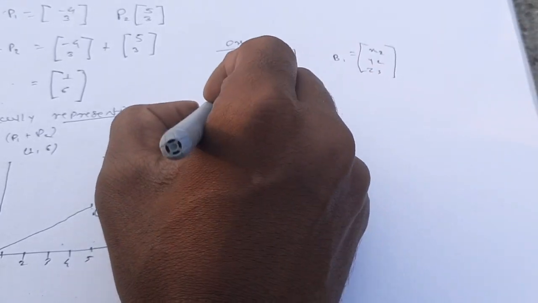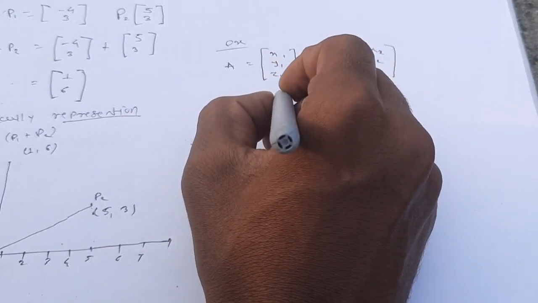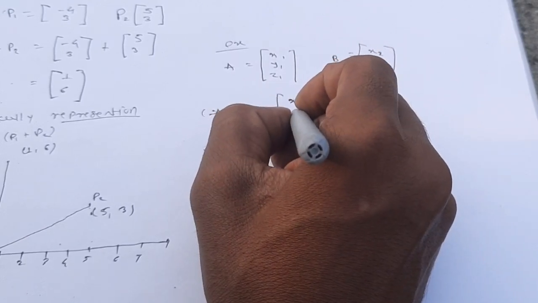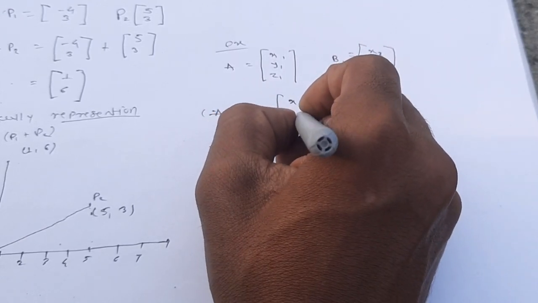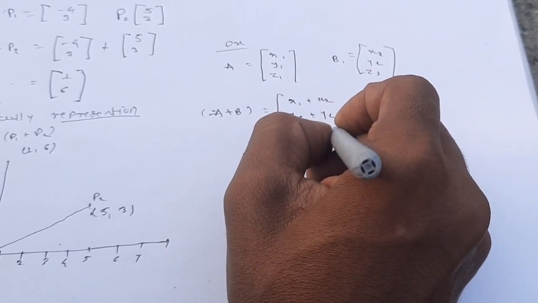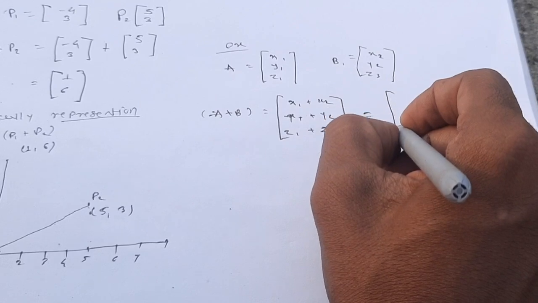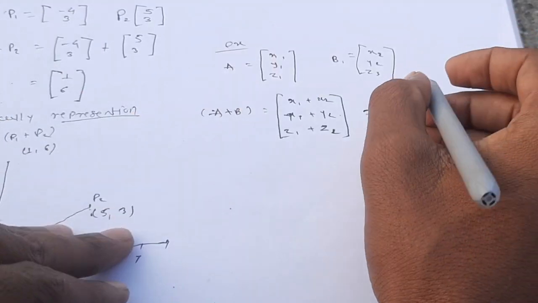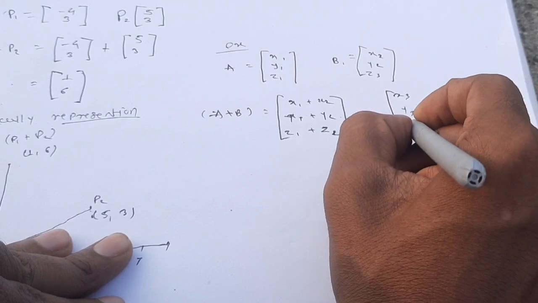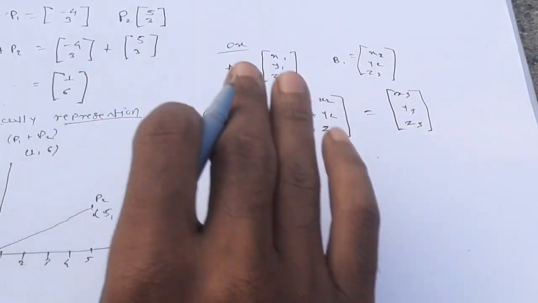So a plus b is nothing but x1 plus x2, y1 plus y2 and z1 plus z2. It makes a new vector, x3, y3 and z3.